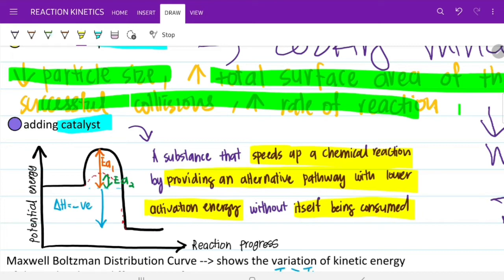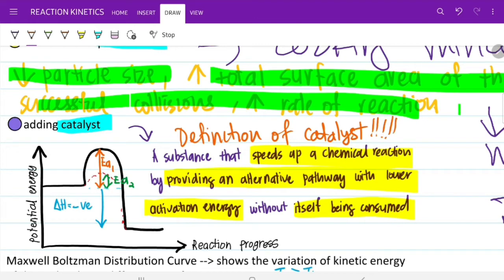So this is the definition of catalyst. This definition you need to memorize exactly as I write it. It must consist of these 3 points for you to obtain full marks for your definition of catalyst.